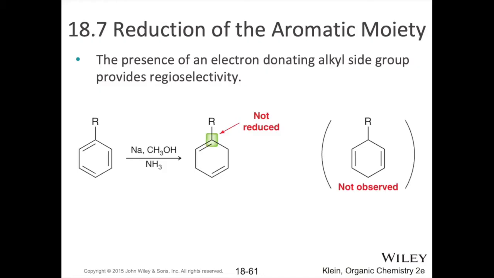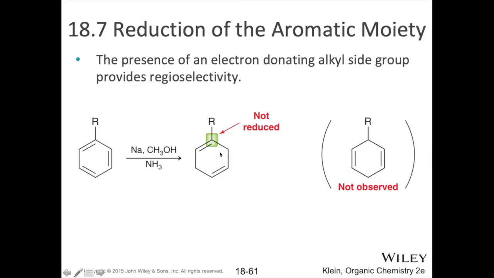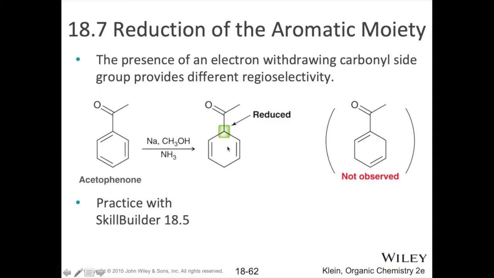With an electron donating group like an alkyl group, remember that that carbon does not get reduced; it stays sp2, and so it's always one of the carbons next to it that will wind up being an sp3 carbon. And of course for an electron withdrawing group like a carbonyl, we notice that that carbon is selectively reduced. So that's definitely going to be one of our sp3 carbons.